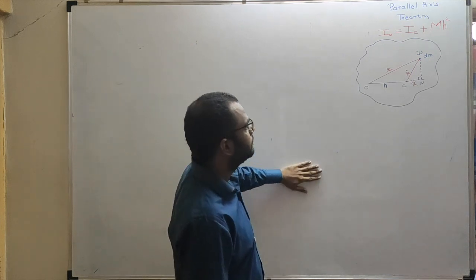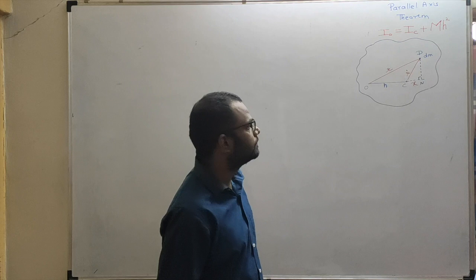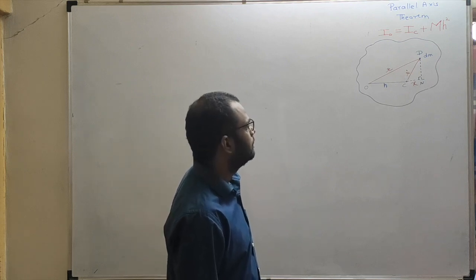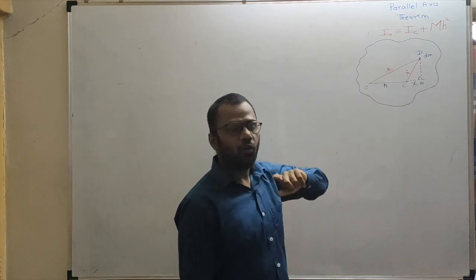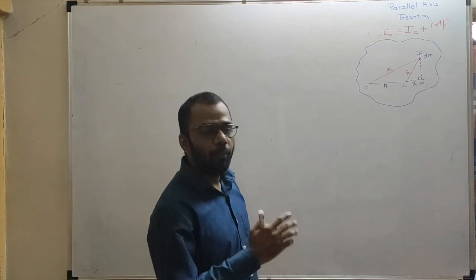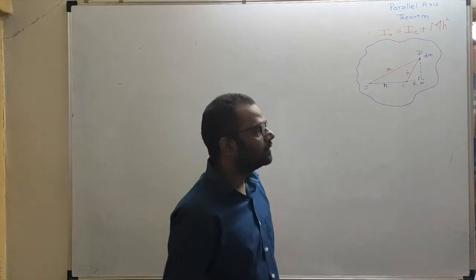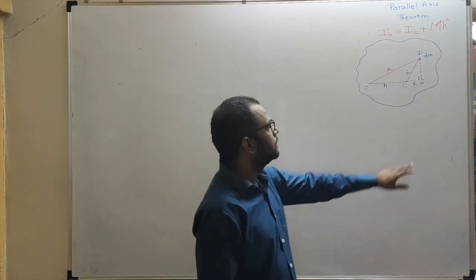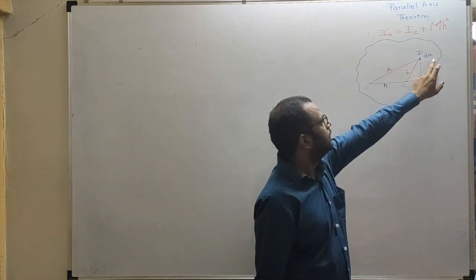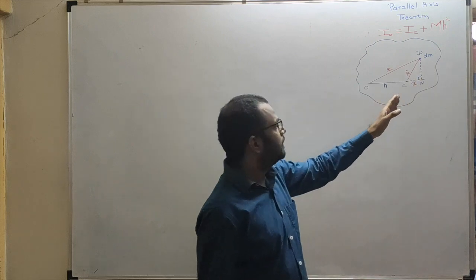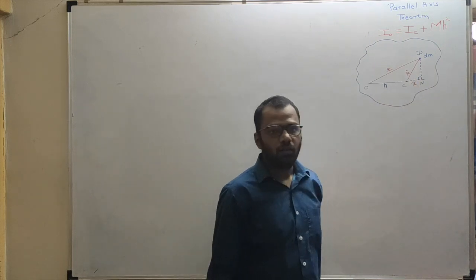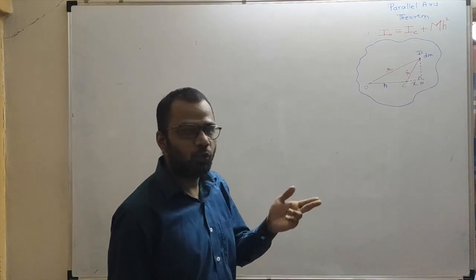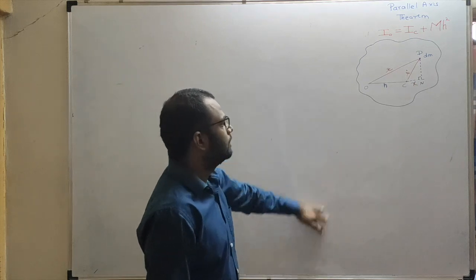Join OD, join CD, extend the line OC, drop a perpendicular from D to that line. DN is perpendicular to ON. Okay, now write down, let CN be equal to X. Fine.